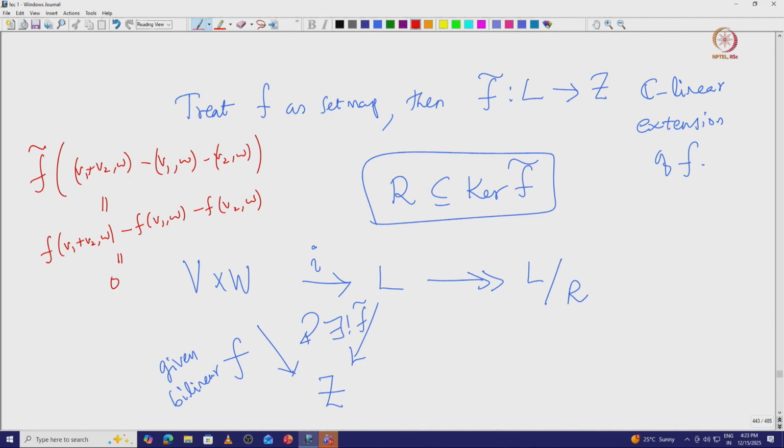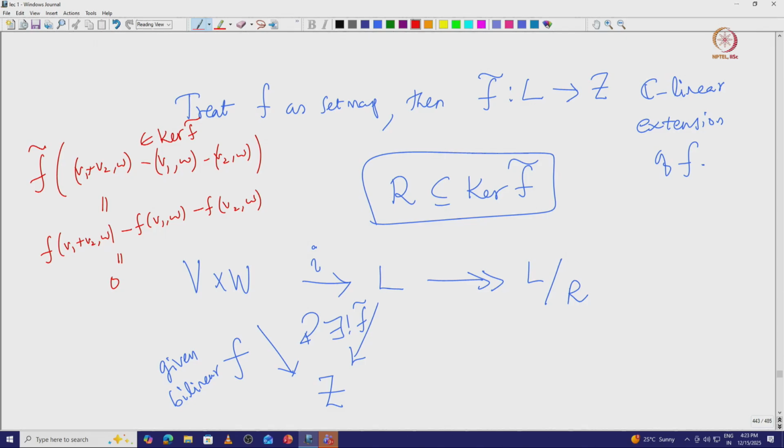So that means this element is indeed inside the kernel of F tilde. The other relations I will leave it to you to check, so R is contained in the kernel of F tilde.